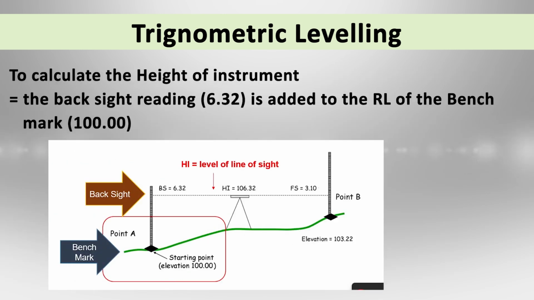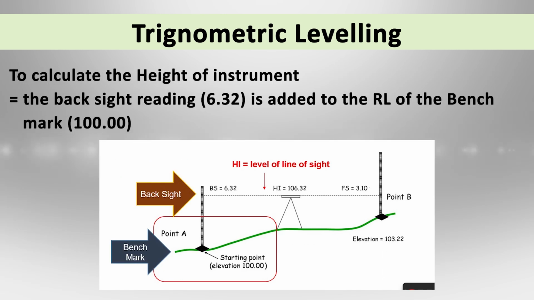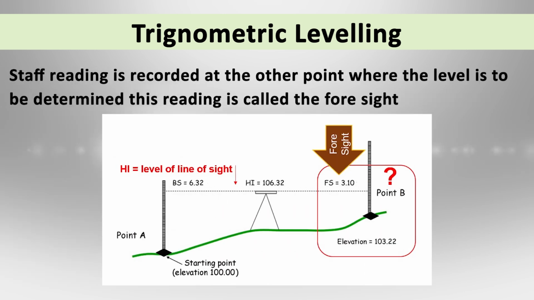To calculate the height of instrument, that is the reduced level of the line of sight, the backsight reading is added to the RL of the benchmark. Then the staff reading is recorded at the other point, where the level is to be determined. This reading is called the foresight.